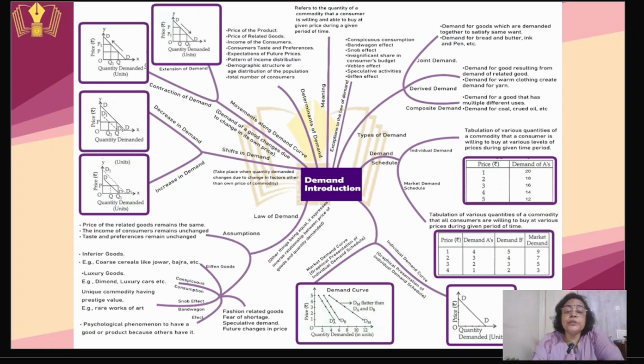And this is not happening due to the change in the price. This is happening due to the change in the other factor determinants of demand. So we call it shift in demand curve, not movement along the demand curve. Remember, when there is a decrease in demand, we move leftward. When there is an increase in demand, we move rightward.